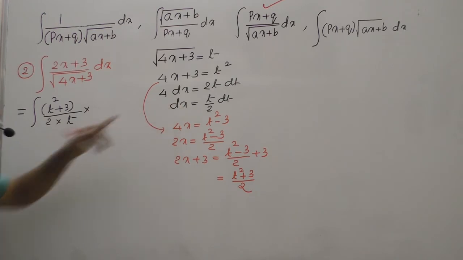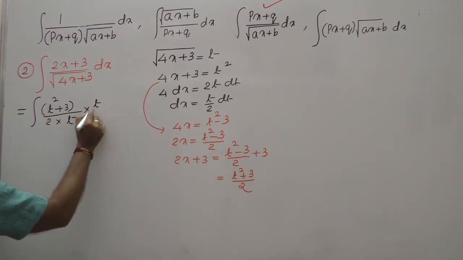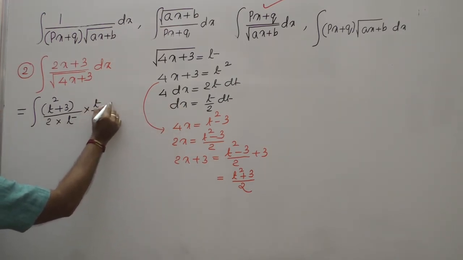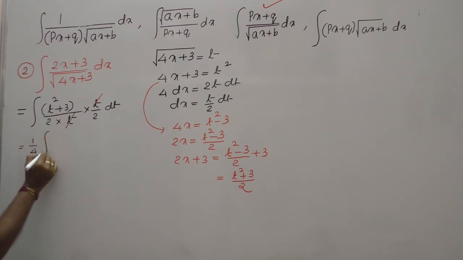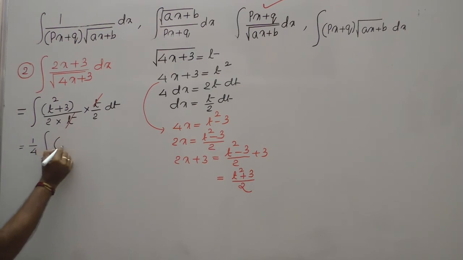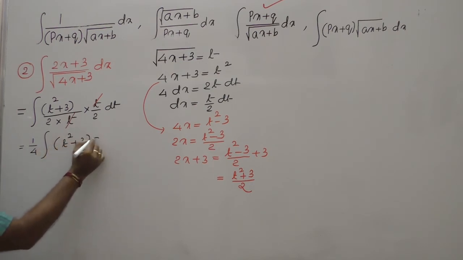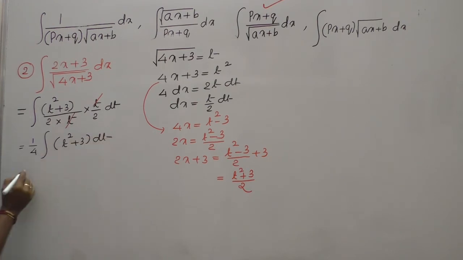What is dx? dx is t by 2 into dt. So I can cut t and t here. So in the denominator, 1 by 4 is constant. I write outside. What will be there? t square plus 3 only into dt.